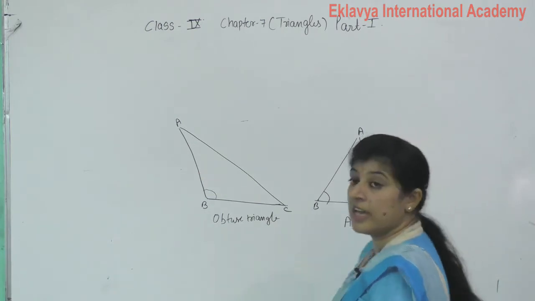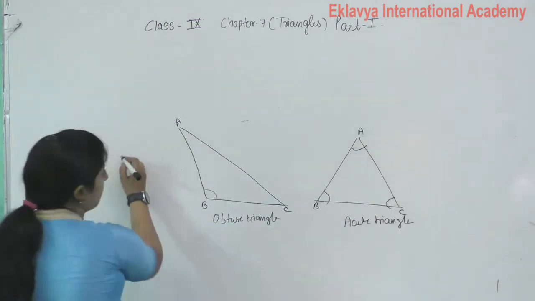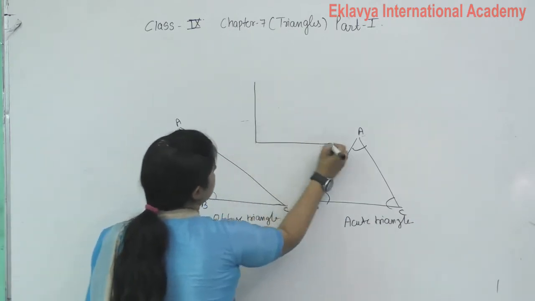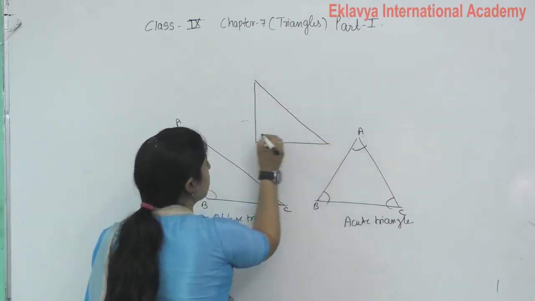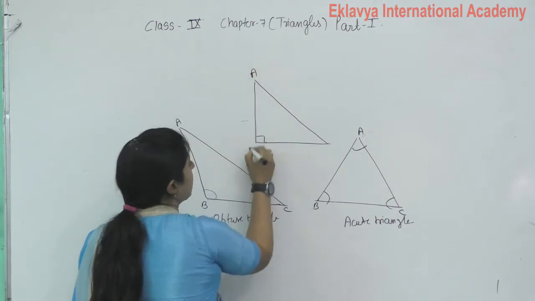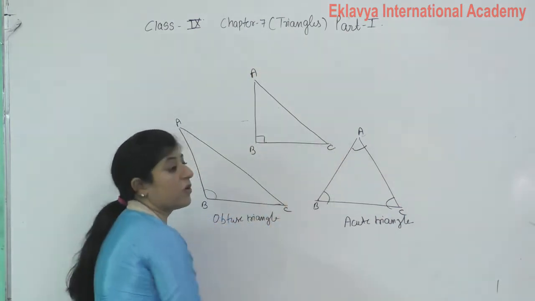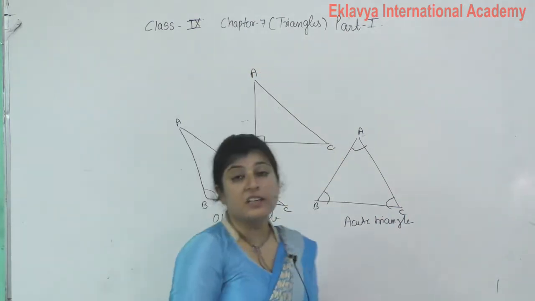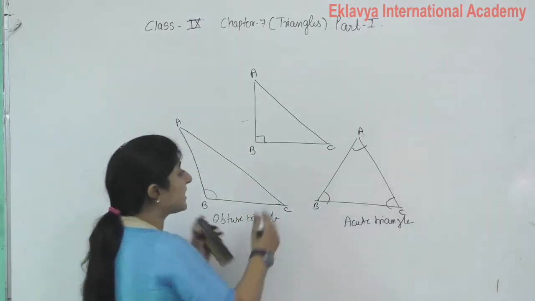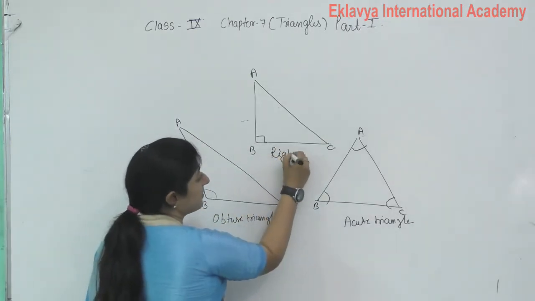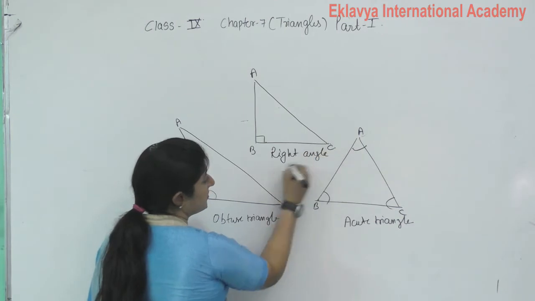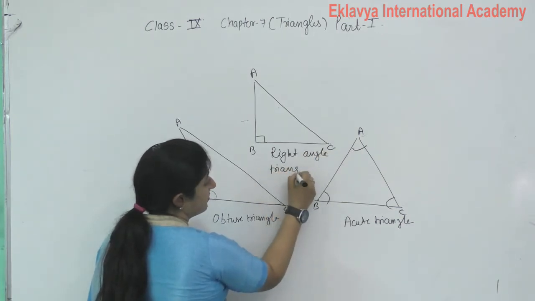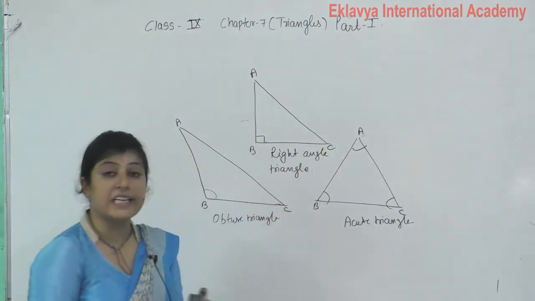And if any one angle of a triangle is equal to 90 degree, then it is called a right angle triangle. This is a right angle triangle.